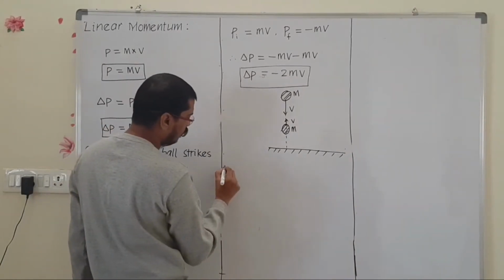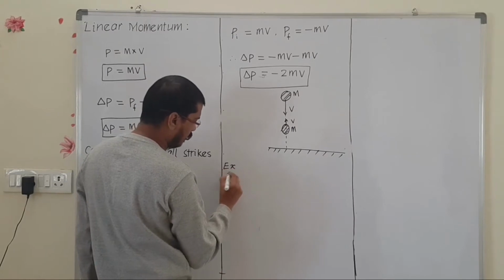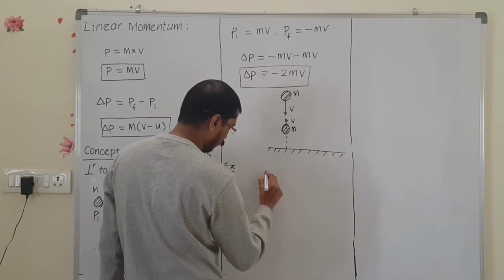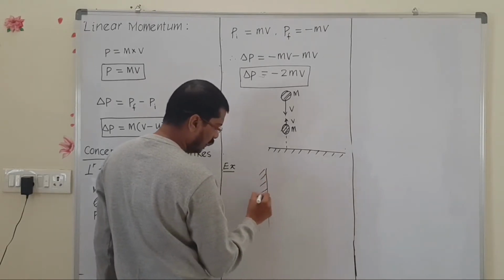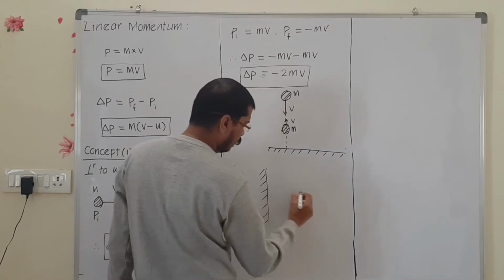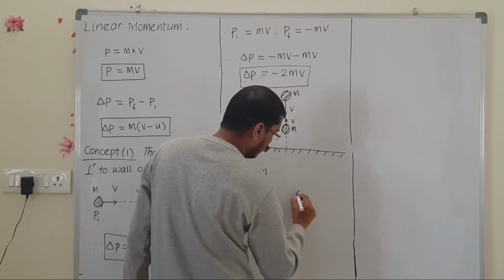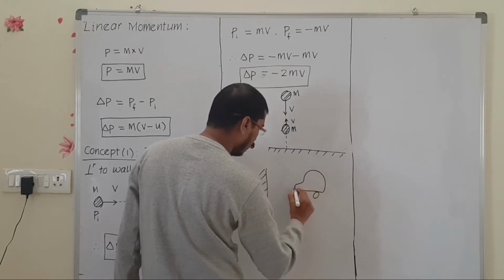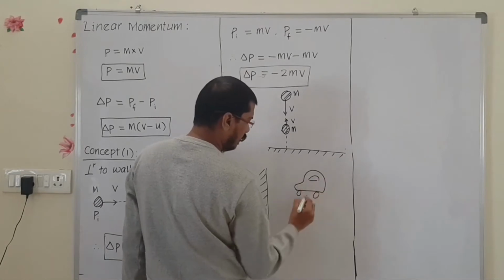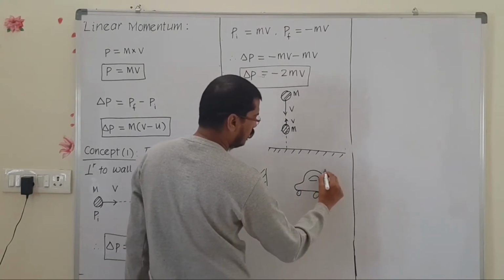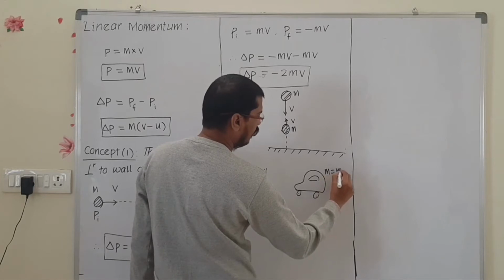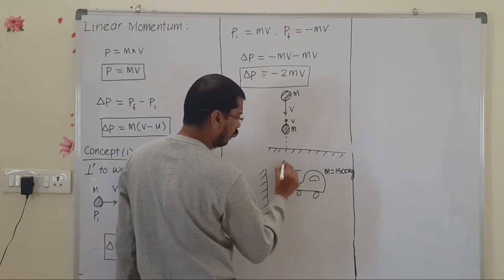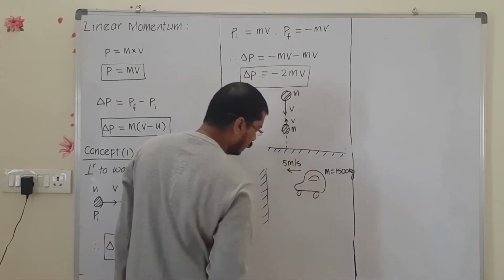Now based on this, we will solve one example. This is a wall. One car is coming. The mass of this car is 1500 kg, and it moves in the forward direction with 5 meter per second.